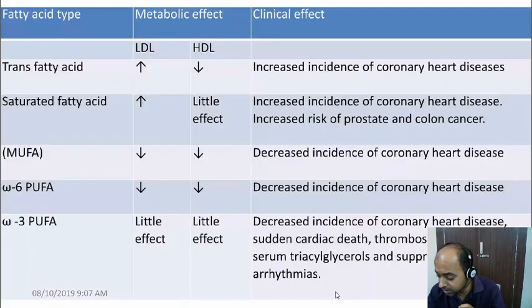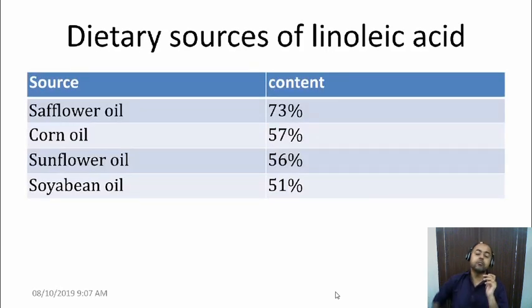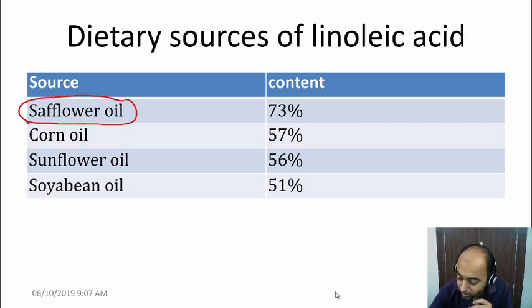So here we come to the dietary sources of the linoleic acid. The richest source is the safflower oil, followed by the corn oil, and then we have the sunflower oil.